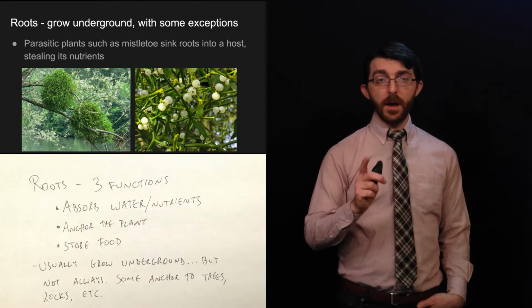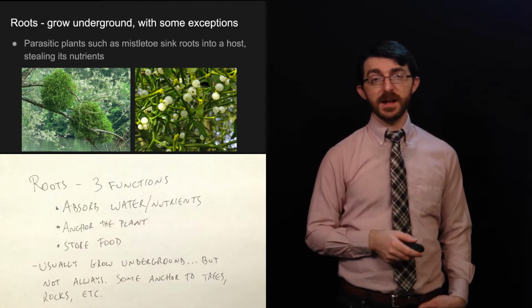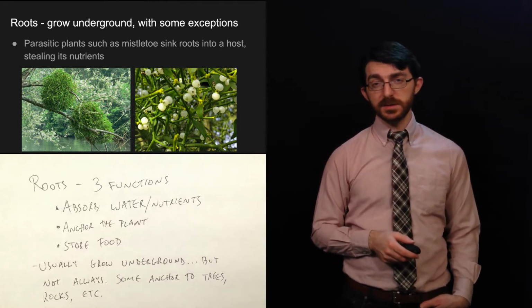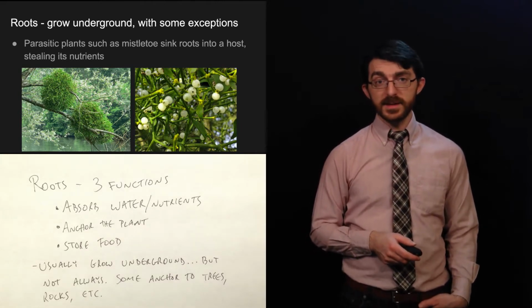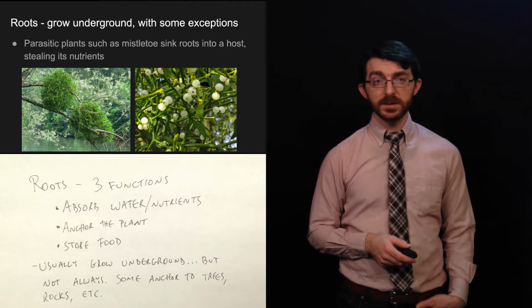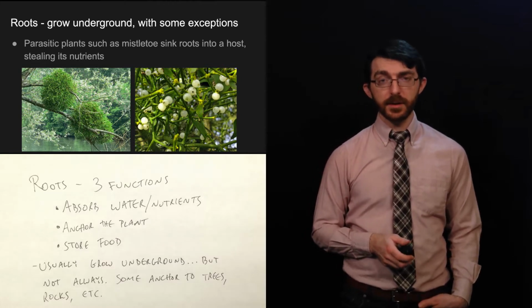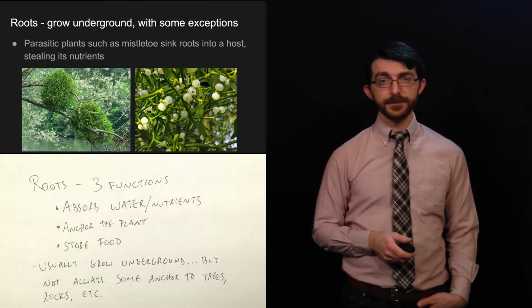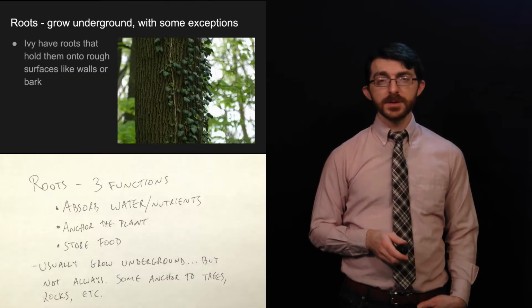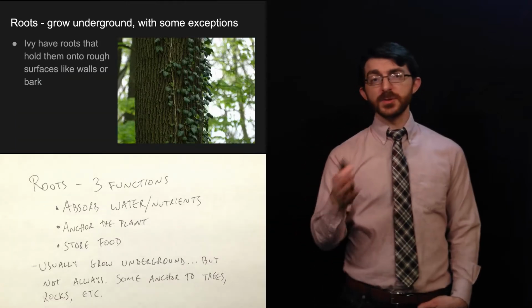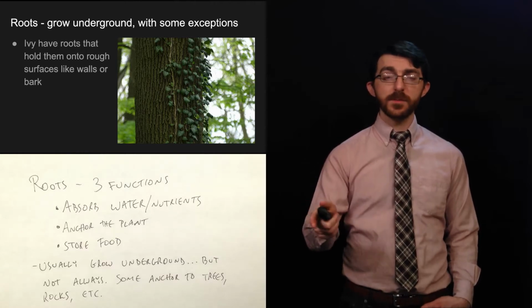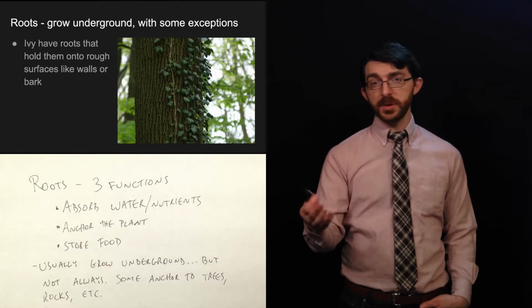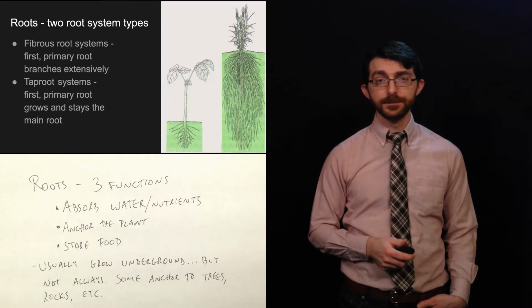For example, mistletoe is a parasitic plant. It doesn't just make Christmas awkward. No, it also hurts trees. It sinks its roots into a host, stealing its nutrients. Mistletoe. Man. So ivy has roots that hold it onto rough surfaces, like walls or bark. That's how it's able to grow up trees and the sides of buildings.